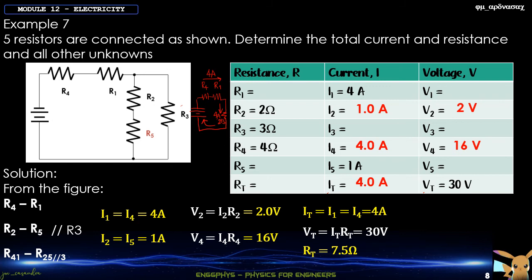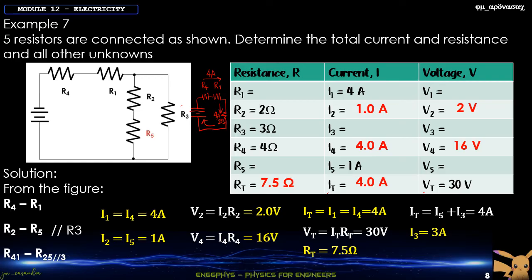Pero since parallel ito, our 4 amperes now is equal to I3 plus I2 or I5. So in that case, we'll now have I total is equal to I5 plus I3 equal to 4 amperes. And we know already I5, which is 1, so therefore we could compute for I3, and that will now be equal to 3 amperes.